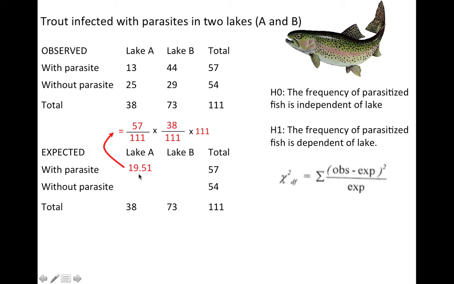So if the null hypothesis is true, the frequency of parasitized fish that we would expect to find in Lake A would be 19.51.